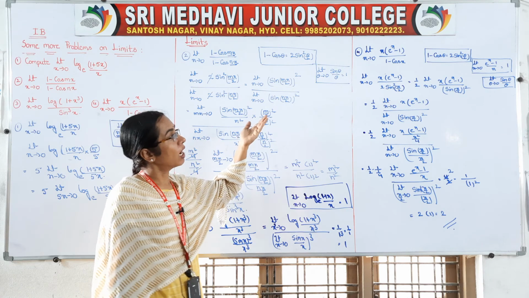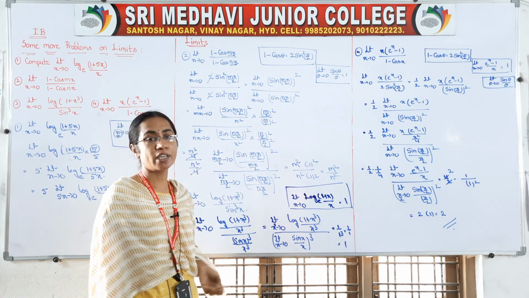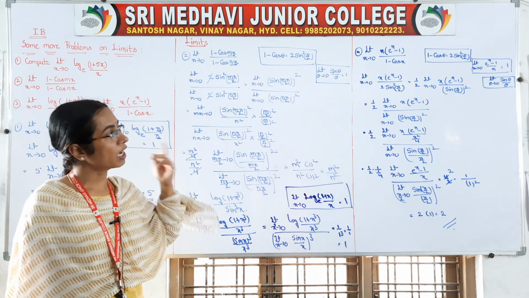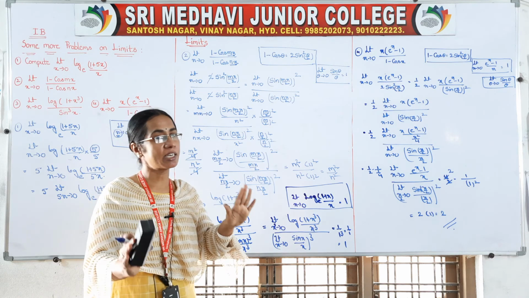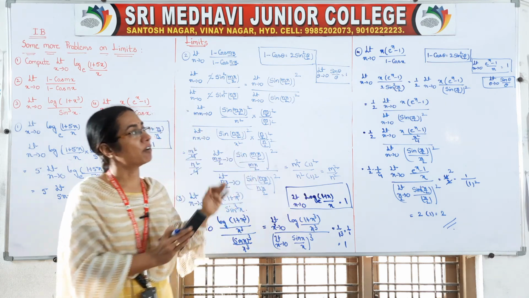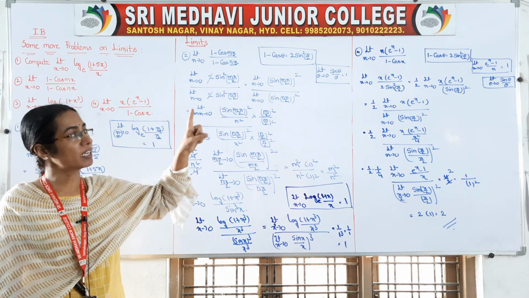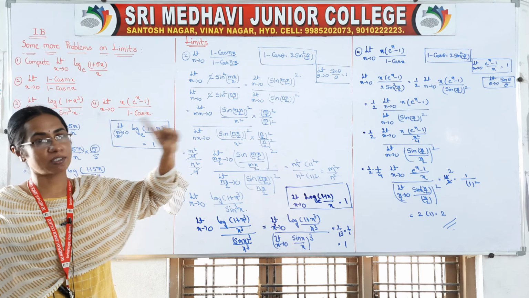Downwards, the 1 minus cos theta form is 2 sin square theta by 2. Instead of theta, x is there, so it is 2 sin square x by 2. Whenever sine is in the limit, use limit theta tends to 0 sin theta by theta. Whenever e to the power of x minus 1 is there, use limit x tends to 0 e to the power of x minus 1 by x is equal to 1.